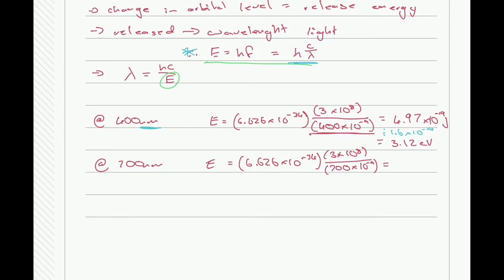Again, we're converting our nanometers to meters. We end up getting 2.84 times 10 to the negative 19 joules. Again, we divide that by 1.6 times 10 to the negative 19 to convert it to electron volts, and we end up getting approximately 1.77 eV.